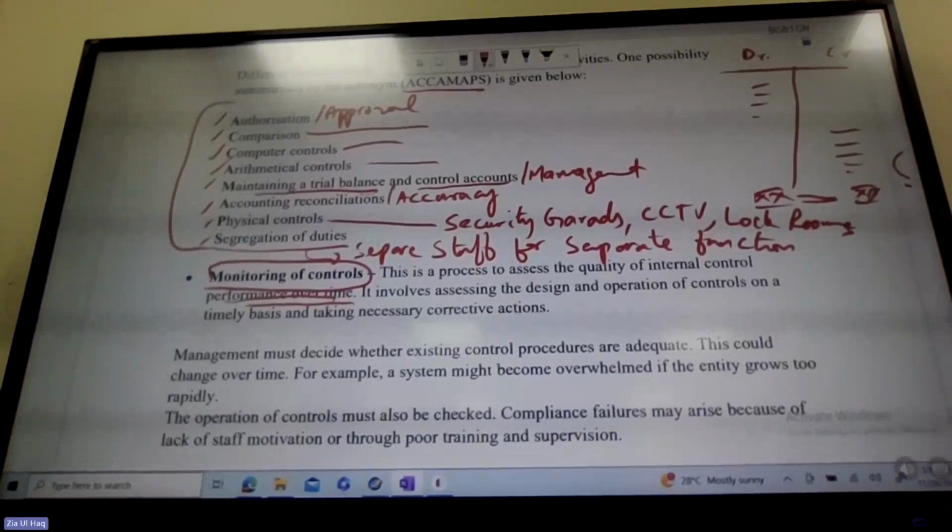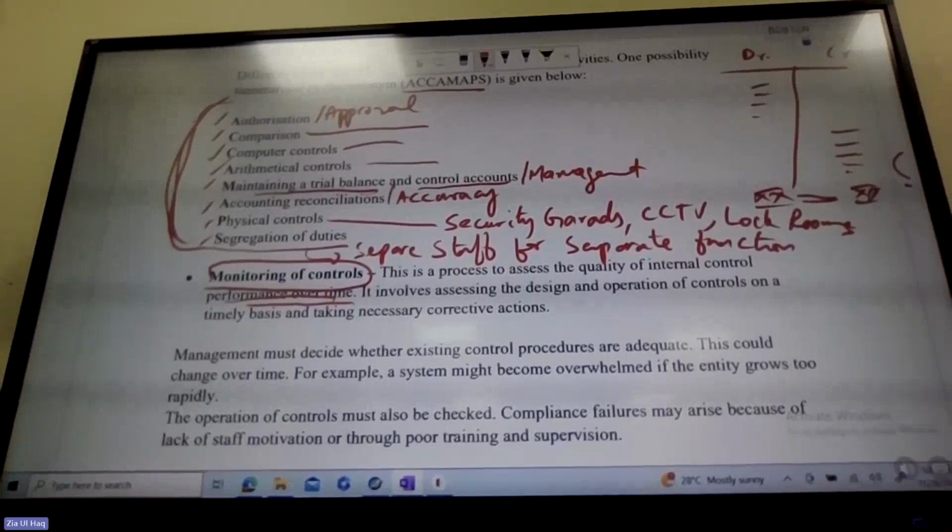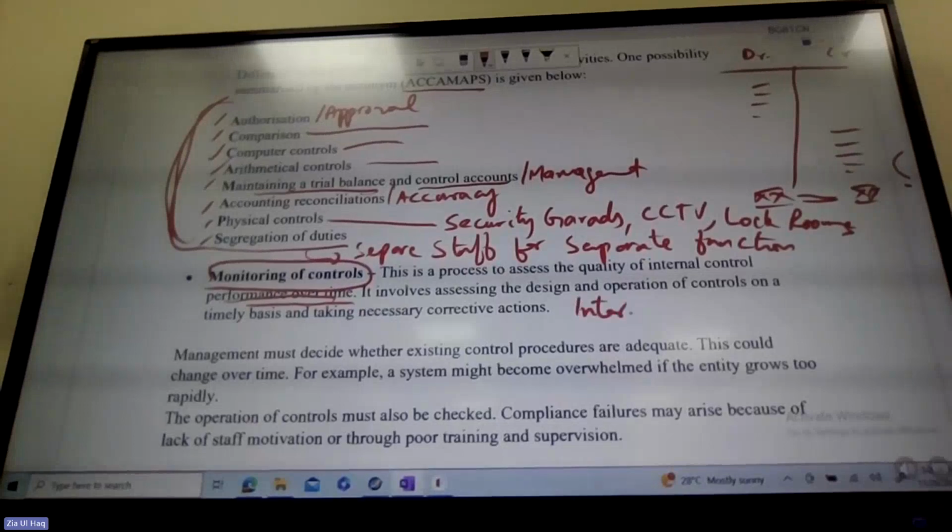Monitoring control means there should be a person who monitors whether these policies are being followed in the organization or not. Who is responsible for monitoring whether these policies are working properly? Company management, the directors. But if they are busy with other tasks and have no time to monitor these controls, then they should appoint an internal auditor in the organization.